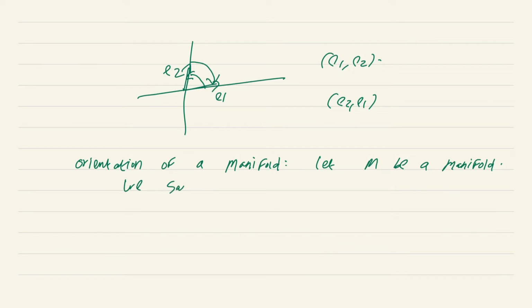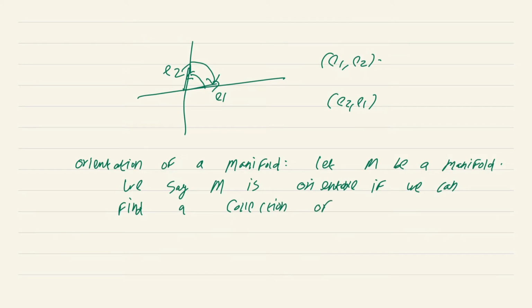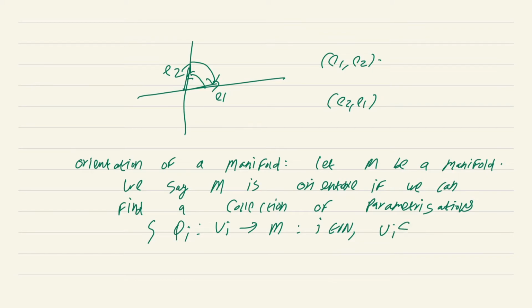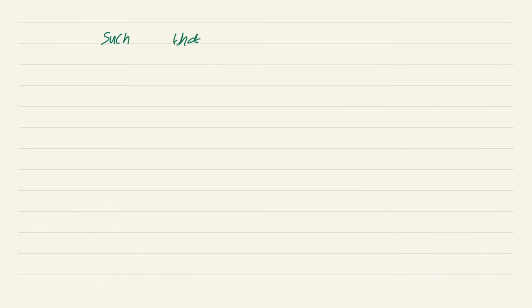We say M is orientable if we can find a collection of parameterizations phi_i from U_i to M, i running through an index set, and of course U_i subset of Rn are open, such that first of all the images must cover M. So when you take the union of all the phi_i(U_i), you must get the whole manifold M.